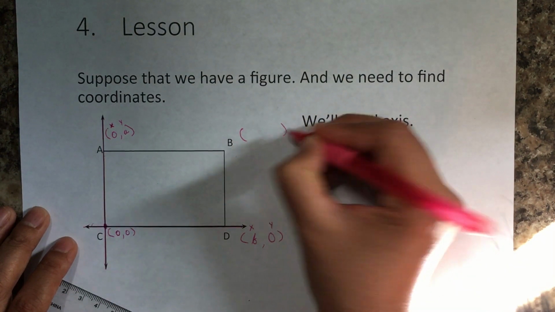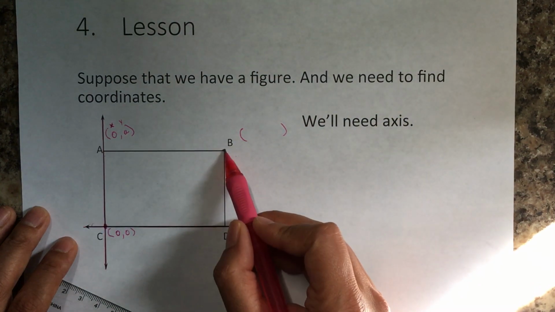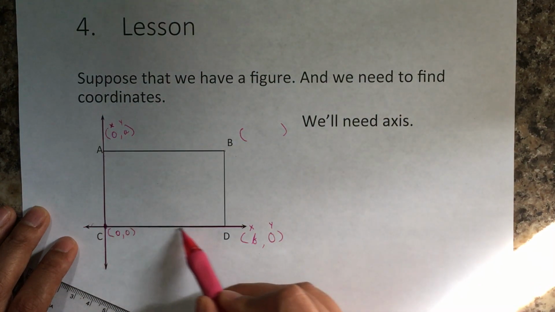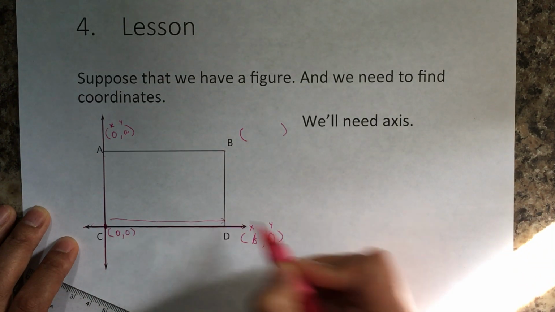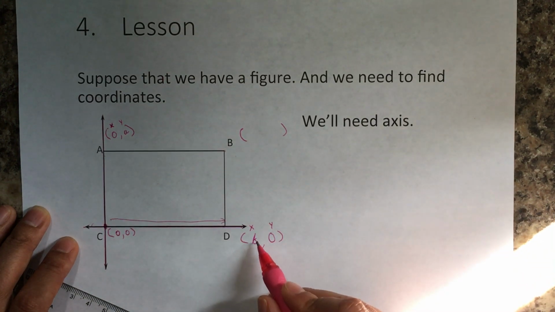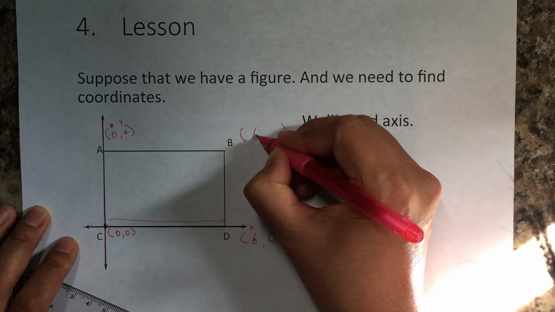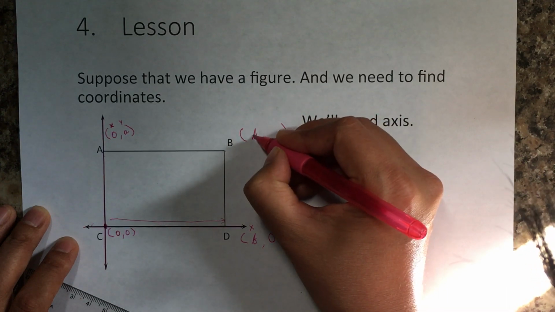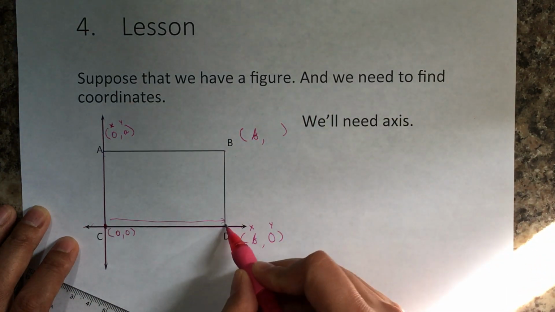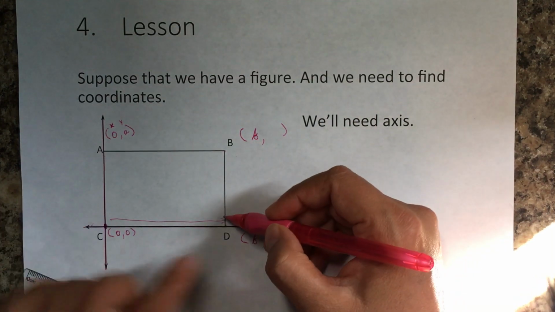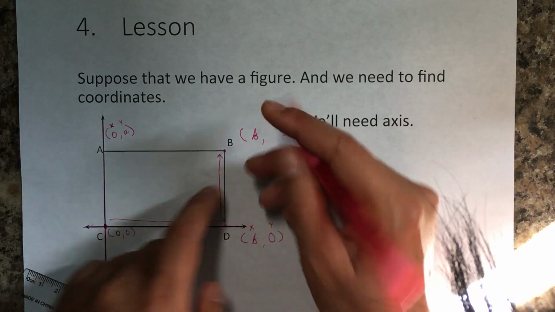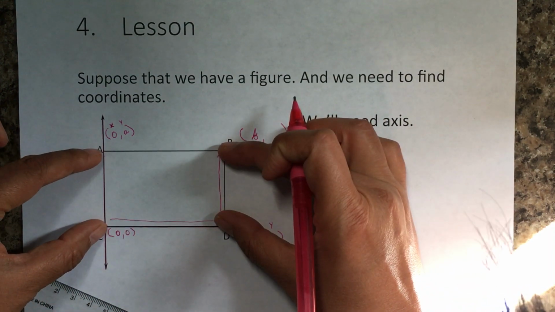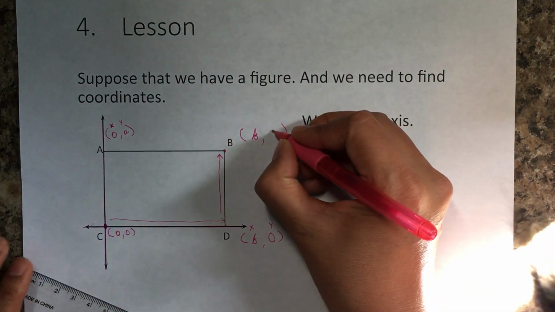Finally, to get to this point, remember that we had to go X first and then Y. So what's the distance from here to here? Well, that's letter b. We don't know what the distance is, but it's represented by b. And then we go up on Y to get to this point. Again, this is the same distance that we used here, so that's a.